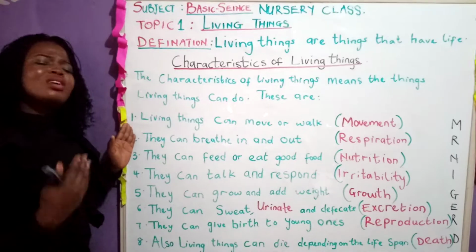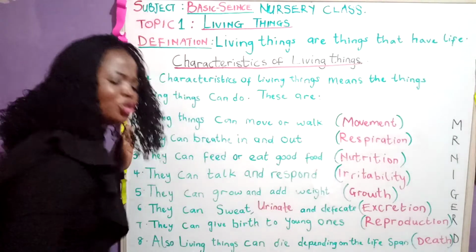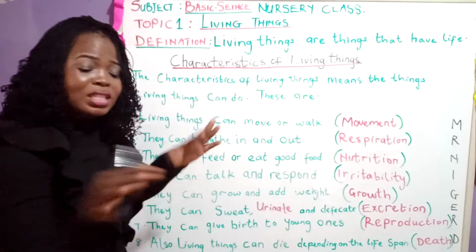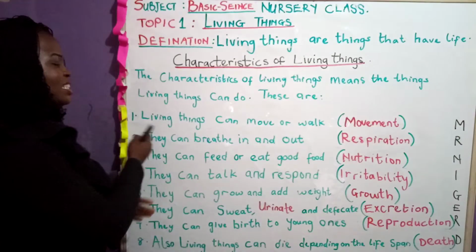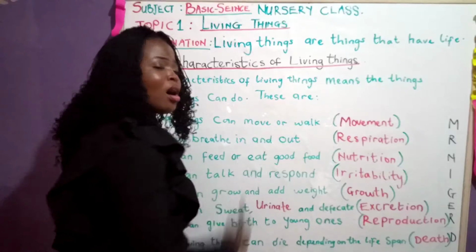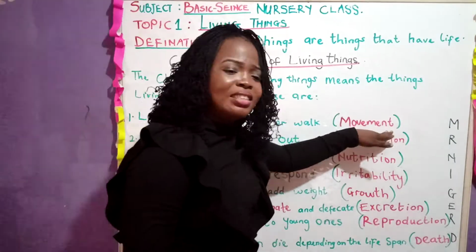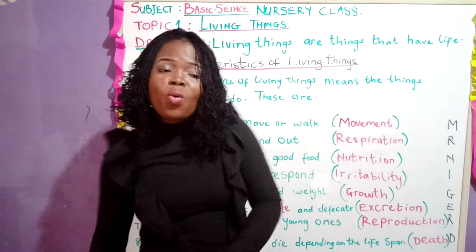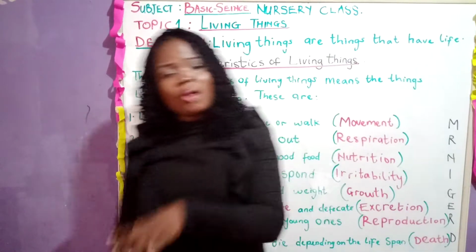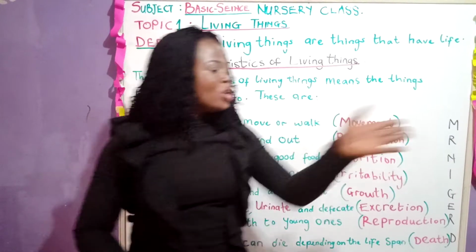1. What are the things we can do? What do you do? Can you tell one or two things that you do? Okay, you walk. Fine. That is, living things can move or walk. So we call it movement. When we talk about movement, we move from one place to another. We walk to school, we go back home, mom goes to market, dad goes to work.